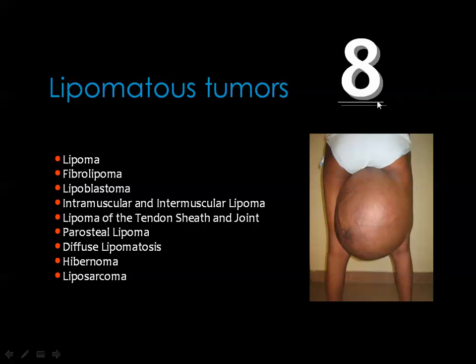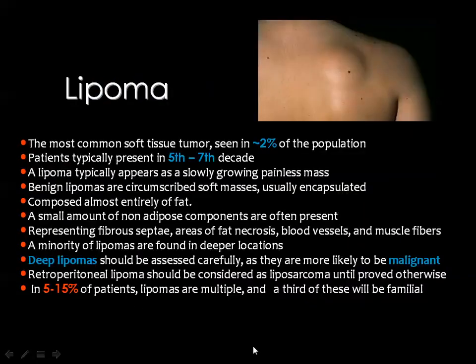And these are 8 types, including lipoma, fibrolipoma, lipoblastoma, intramuscular and intermuscular lipoma, lipoma of the tendon sheath, parosteal lipoma, diffuse lipomatosis, hibernoma, and the malignant component, which is the liposarcoma.